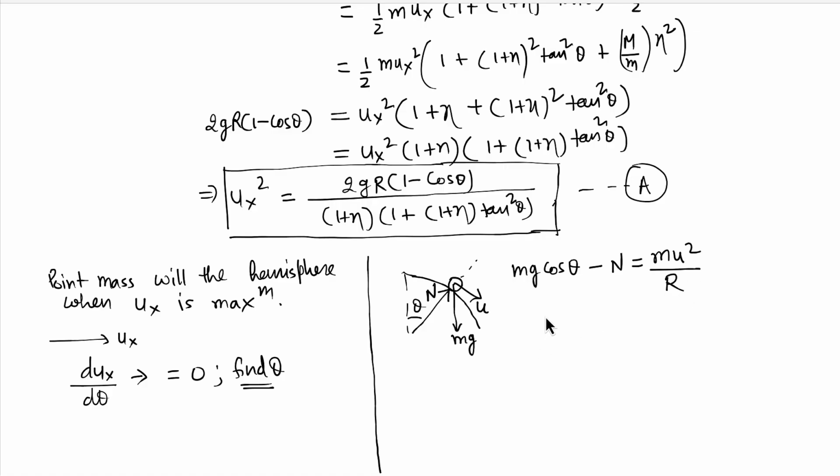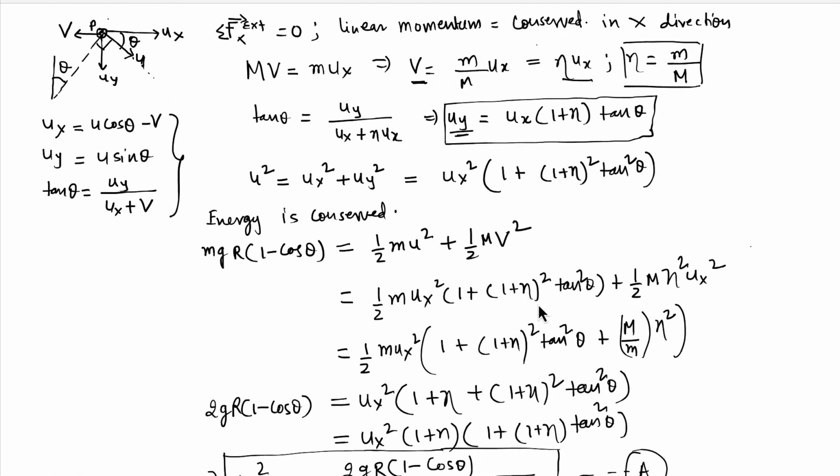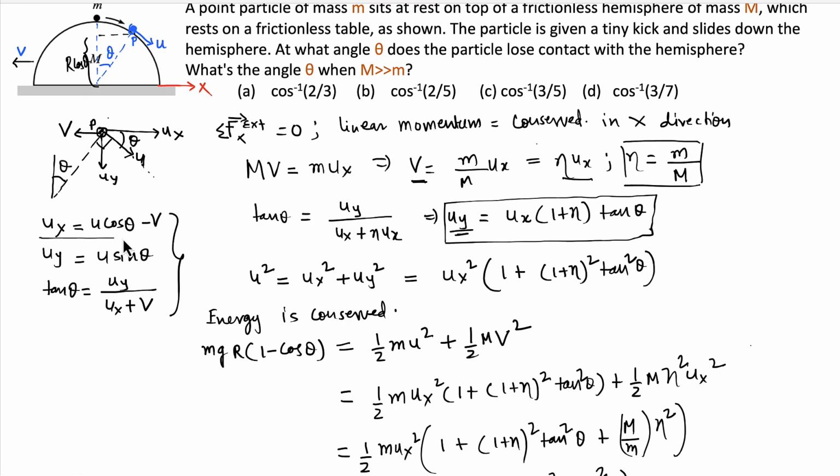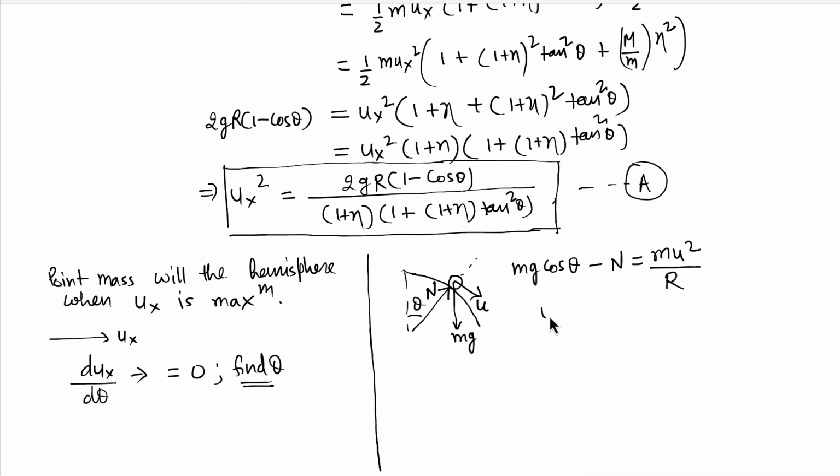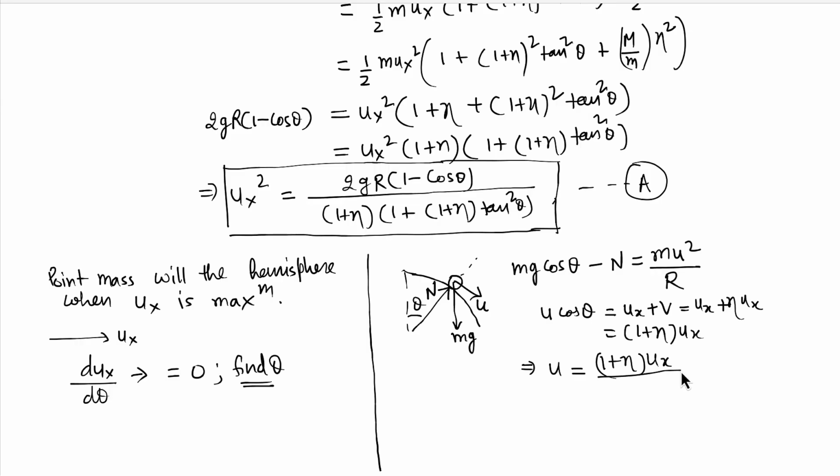Okay, and what is u? So if you see here, u cos theta is ux plus v, so we can write u cos theta as ux plus v, which is ux plus eta ux, which is (1 plus eta) ux, and therefore u is (1 plus eta) ux by cos theta.